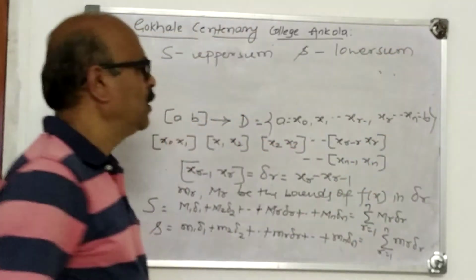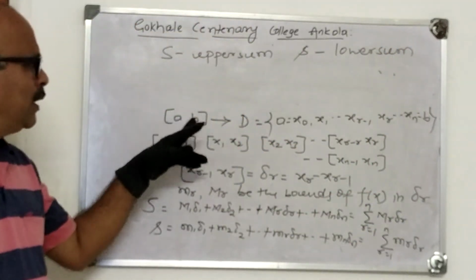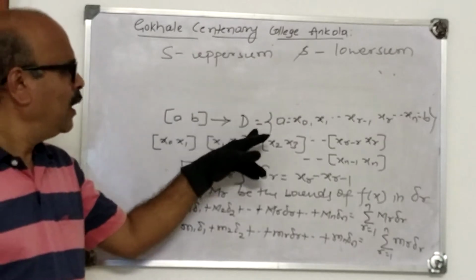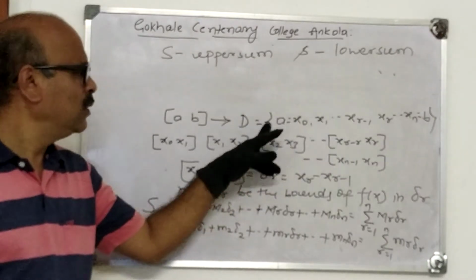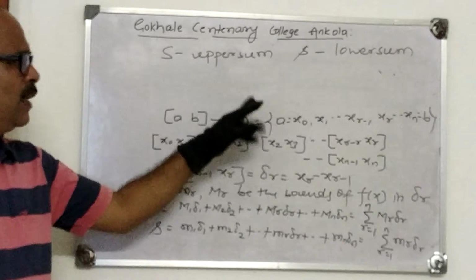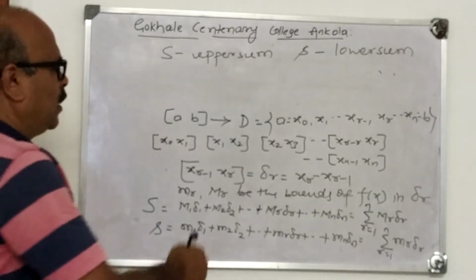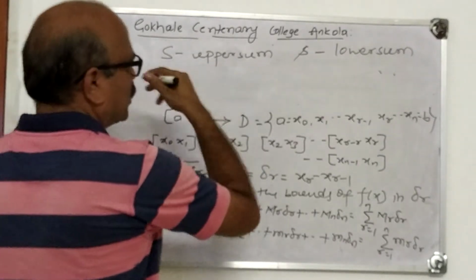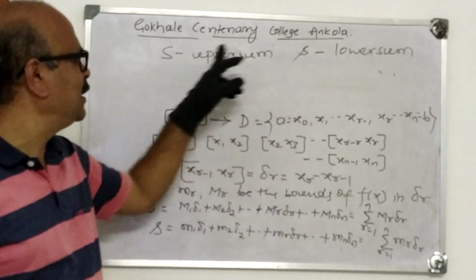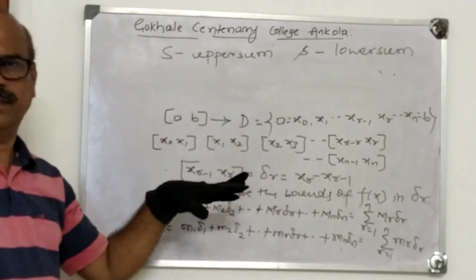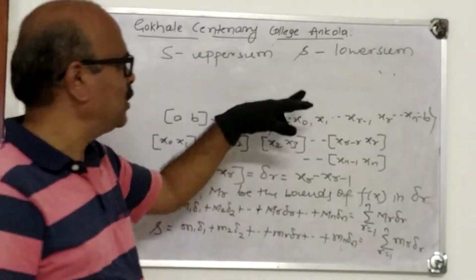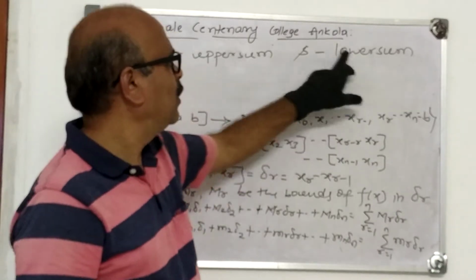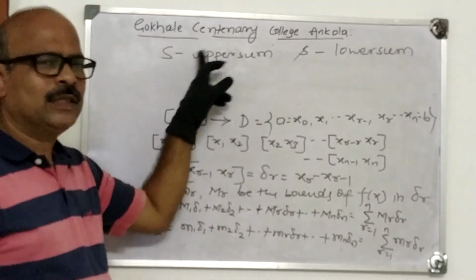Upper sum and lower sum of f(x) in the interval AB, due to this division D. Now, first of all, we prove that small s and capital S are bounded. What is small s? Lower sum. Capital S is the upper sum.